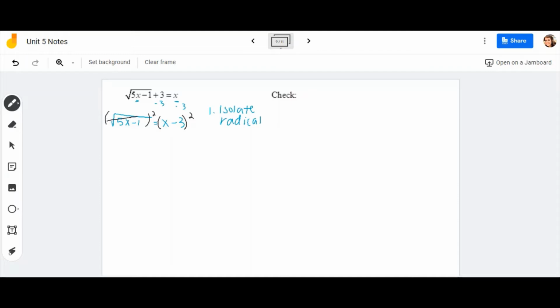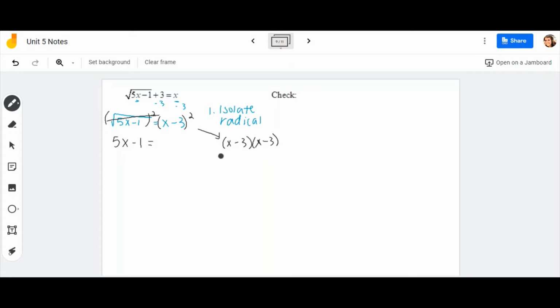So on the left side, it's still kind of that canceling situation, and we just end up with 5x minus 1. But on the right side, this is a little different from what we were seeing because we have x minus 3 squared. So be really careful because that means we have two x minus 3's. That squared is telling us it's x minus 3 times x minus 3.